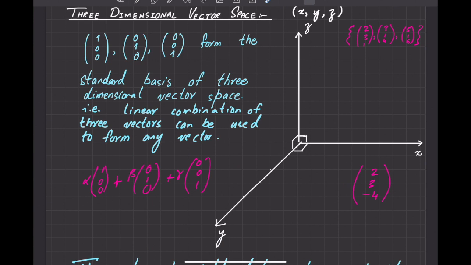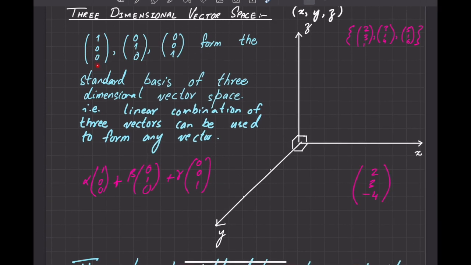You could also have a three-dimensional vector space, that means you're talking about a 3D space. With a three-dimensional vector space, you again have the possibility of spanning the whole of three-dimensional vector space with the help of three linearly independent vectors.